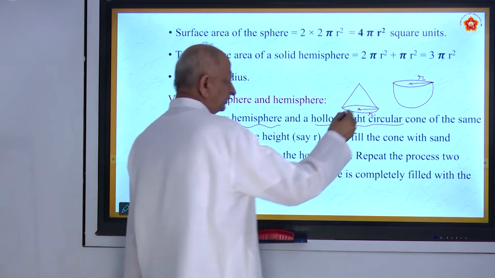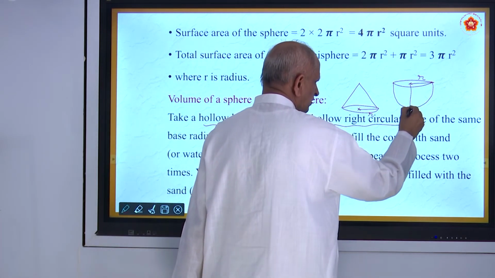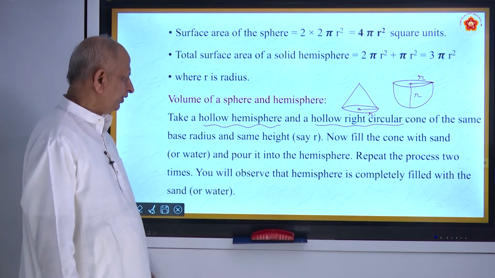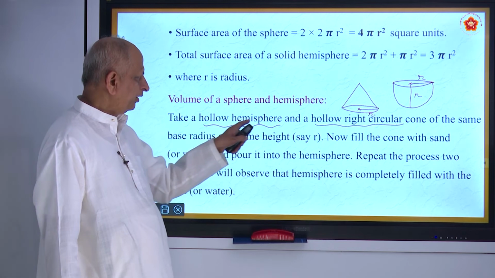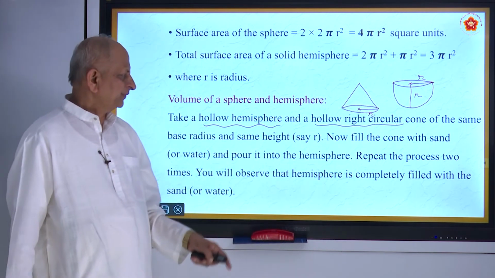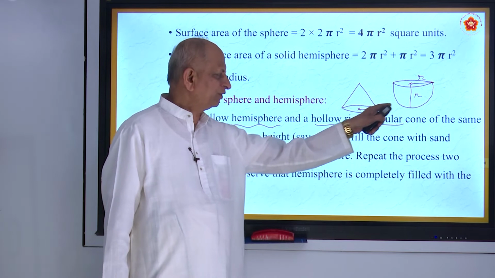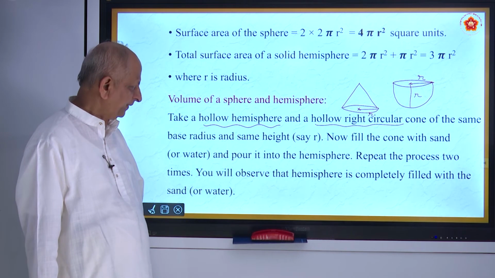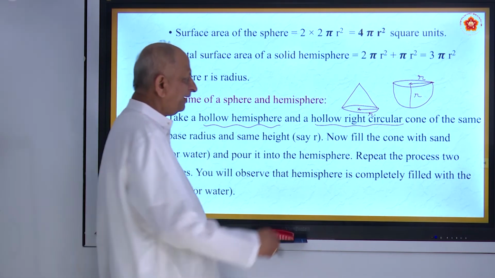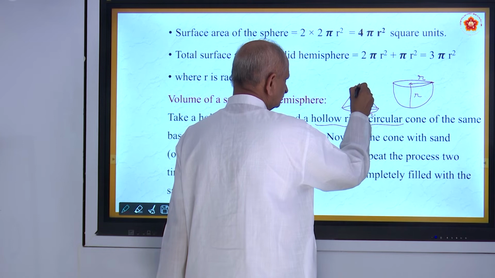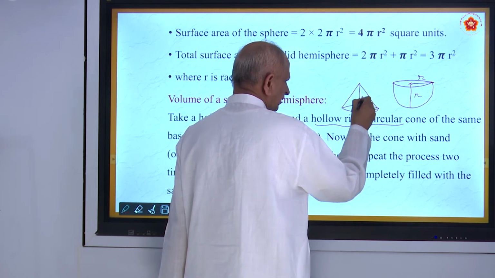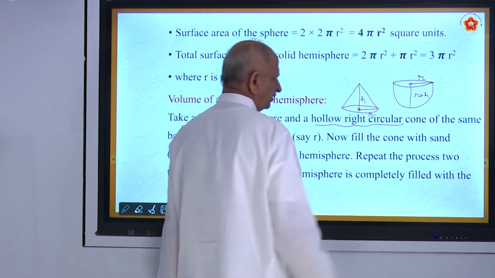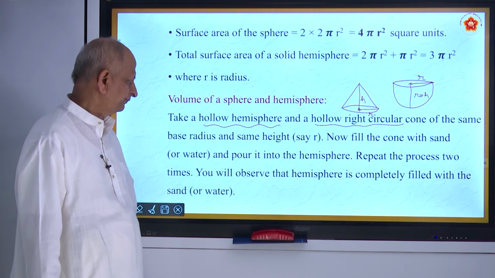In case of a sphere, this also is R. That is the hemisphere. So what you have to do is take a hollow hemisphere, and a hollow right circular cone, this is a cone, of the same base, radius, and same height. This is called the height of the cone. This is equal to the radius of the hemisphere, both are the same.